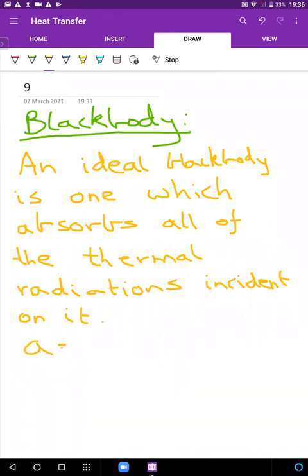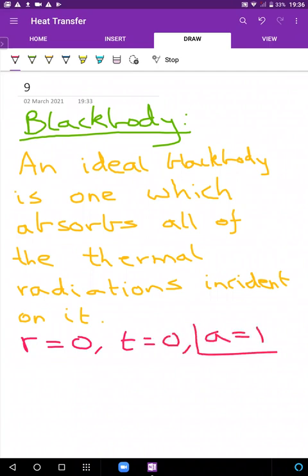This is the fraction it's absorbing. So the absorptivity has to be 1, and the rest will naturally end up being 0. So absorptivity is 1, reflectivity and transmittivity will be 0. Okay, that's what a black body is.